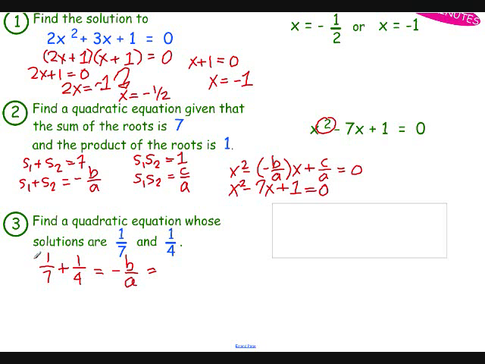So I'm going to multiply this by 4 over 4 and get 4, and this I'm going to multiply by 7 over 7.